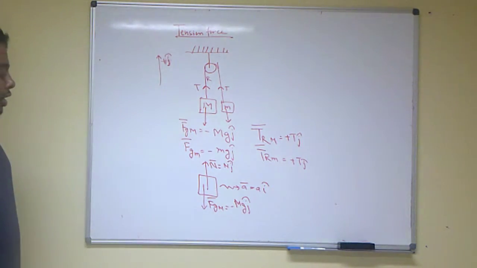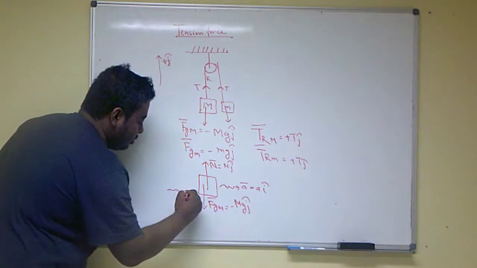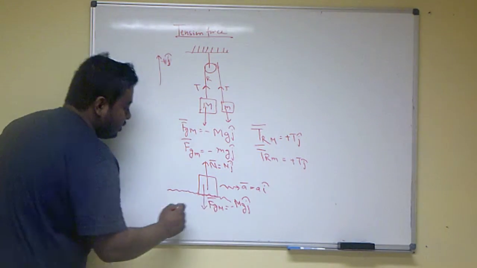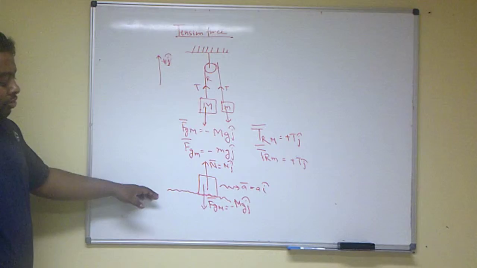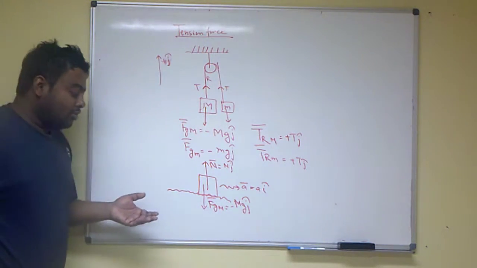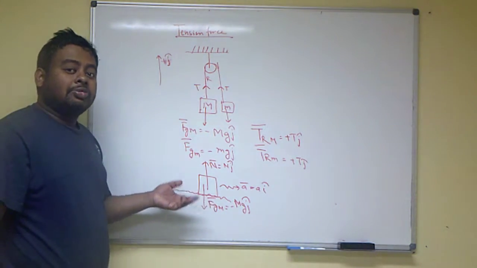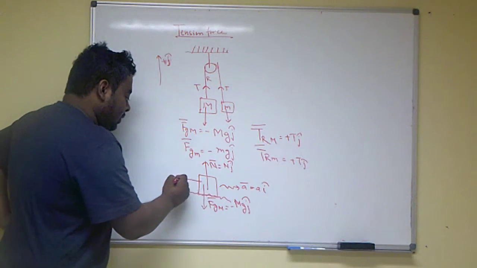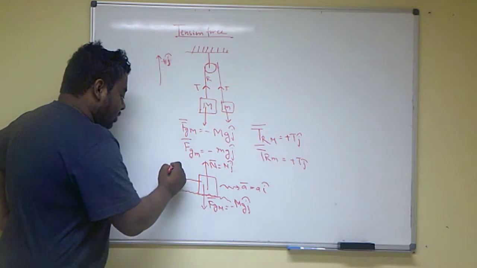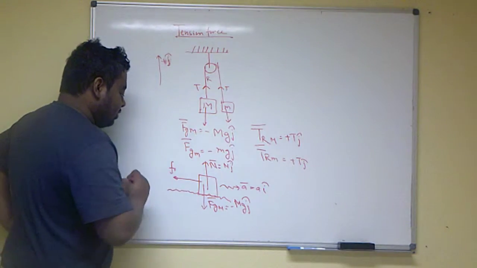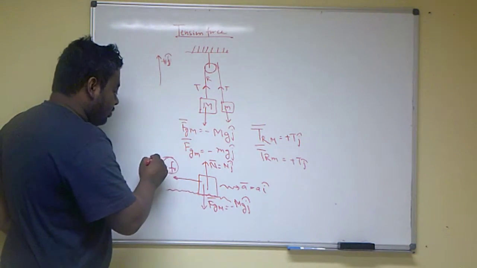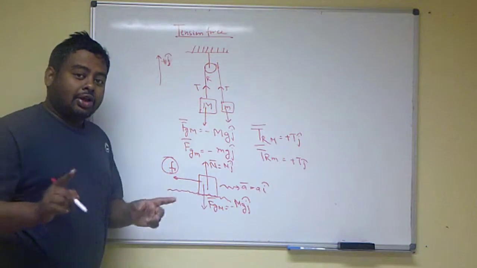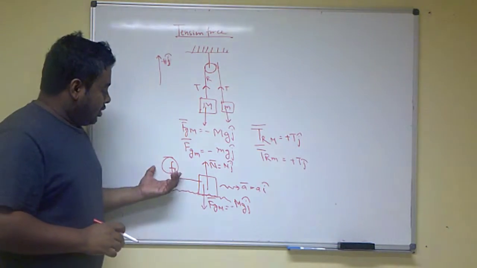If the floor or surface on which the body is traversing has some roughness attached to it, then there will be a frictional force with a varying magnitude.